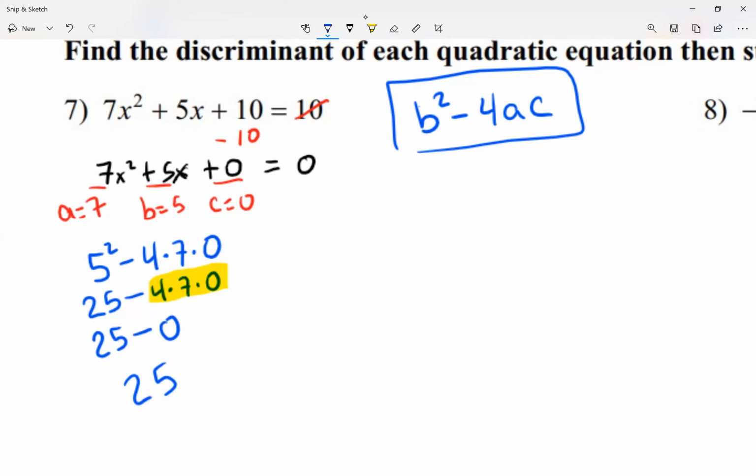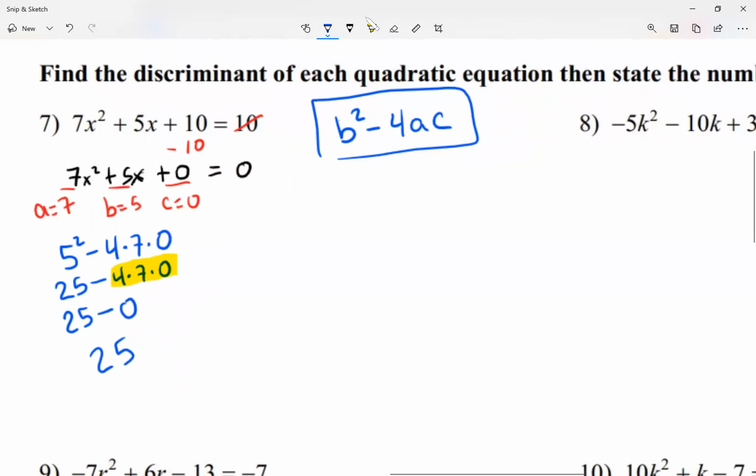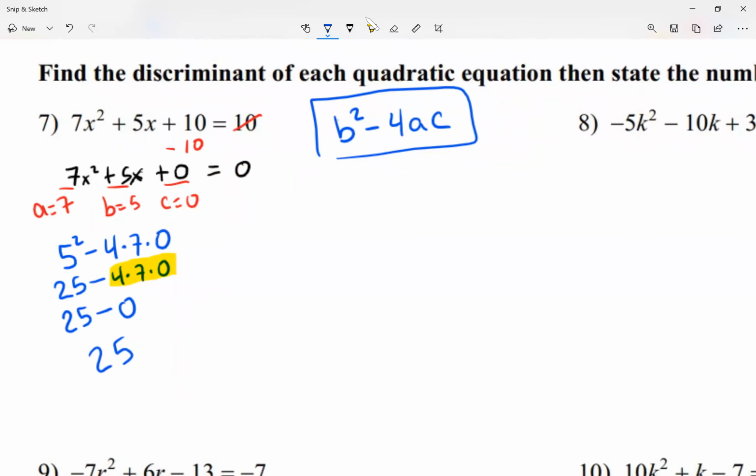So my discriminant is going to be a number. And that came from B squared minus 4 times A times C, okay? So my discriminant is a number. So in your homework, some of your questions will be find a discriminant, and that's it, just 25. Based on the discriminant, right? Yesterday we talked about how to complete the square, how to solve for the variable, how to solve for x.